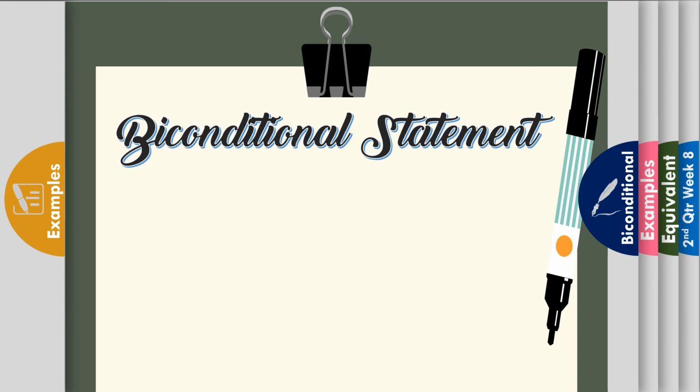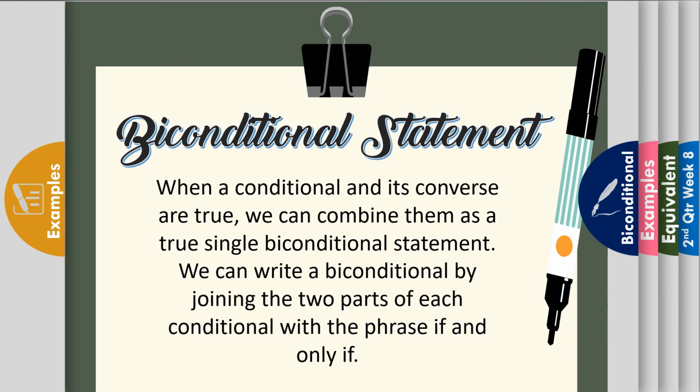Let's now move on with biconditional statement. When a conditional and its converse are true, we can combine them as a true single biconditional statement. We can write a biconditional by joining the two parts of each conditional with the phrase if and only if.